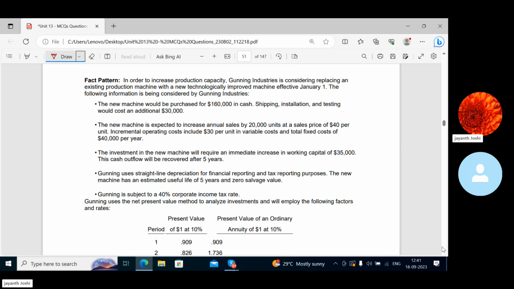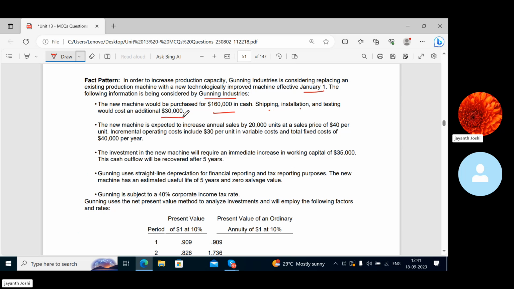In order to increase production capacity, Gunning Industries is considering replacing an existing production machine with a new technologically improved machine effective January 1st. The following information is being considered. The new machine would be purchased in cash. Shipping, installation and testing would cost an additional 30.